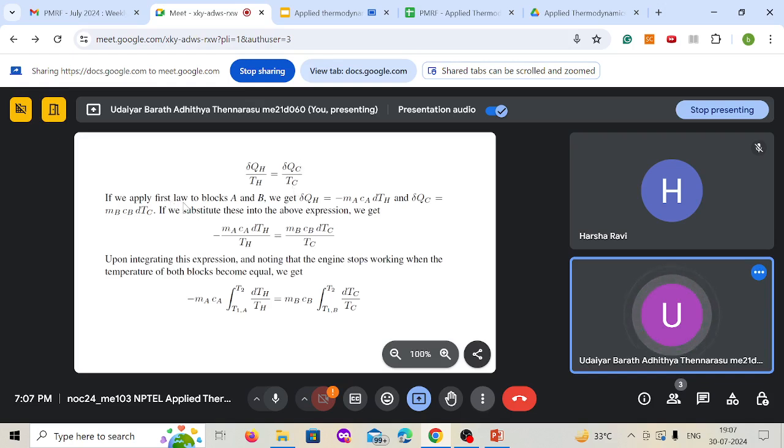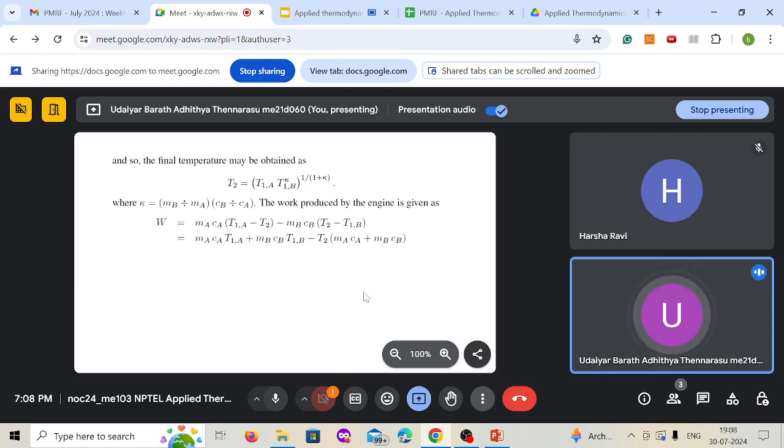Now if you apply the first law, delta QH is nothing but Ma Ca delta TH, and similarly delta QC is Mb Cb dTC. Substituting this in the expression and integrating, we get minus MaCa, with T varying from T1A to T2, dTH by TH, equals MbCb, with T varying from T1B to T2, dTC by TC.